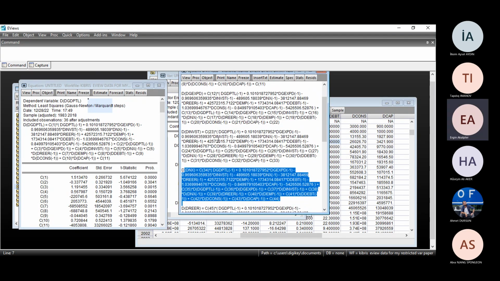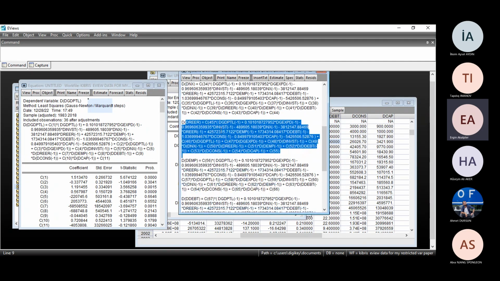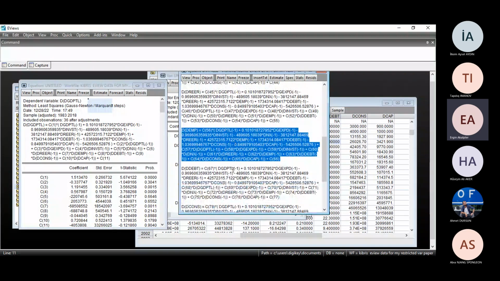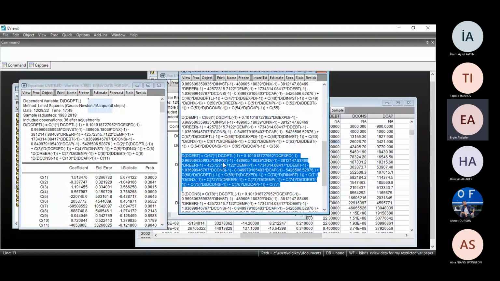And for the net export, for the real effective exchange rate, you will do the long run impact of the explanatory variables in the given model. Then you will perform all. But here, as I said to you, I will not go through the whole model. I will do only the GDP.